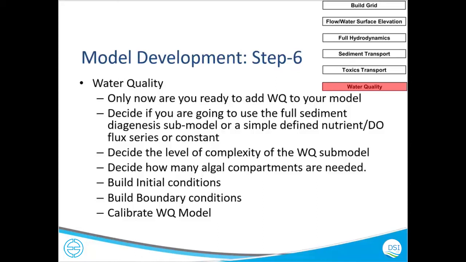So you can decide if you want to have a sediment transport model or not. If you have sediment, you can use the sediment diagenesis submodel and define nutrient and DO series, build initial, and at last calibrate the model.